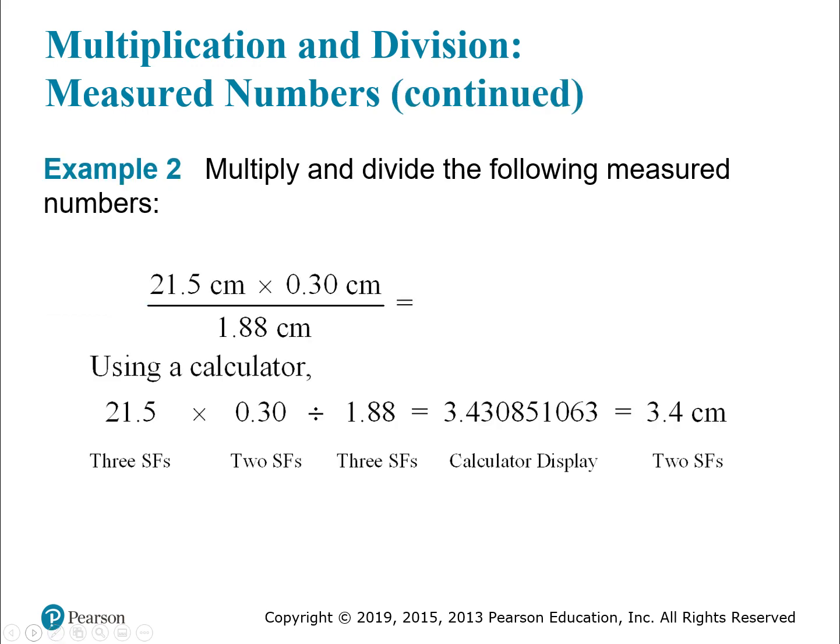Here's another example. So this time we're doing multiplication and we're doing division all together. We've got 3 sig figs, 2 sig figs, and 3 sig figs, which I know is already written down, but I like to write too. So when you're doing this, you're going to have to limit your answer to 2 sig figs because that's the fewest.